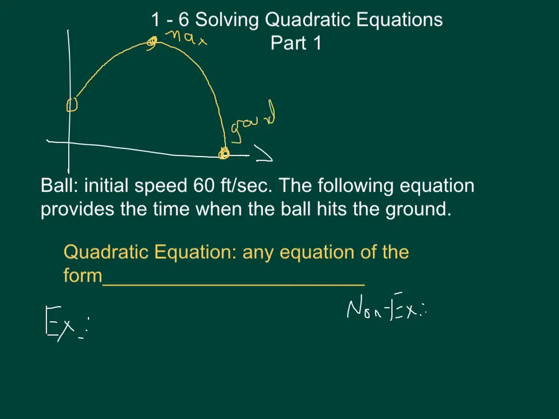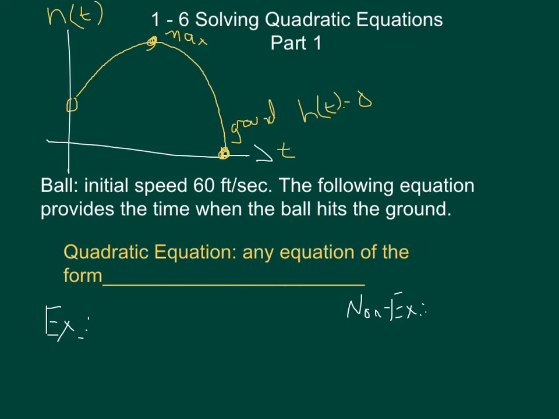That's when its height in terms of time is 0, where this is the time axis and this is the height axis. We call it the h of t axis, where t is your independent variable and your height is your dependent variable. We say that the height of the ball depends upon the time that it's been in the air.